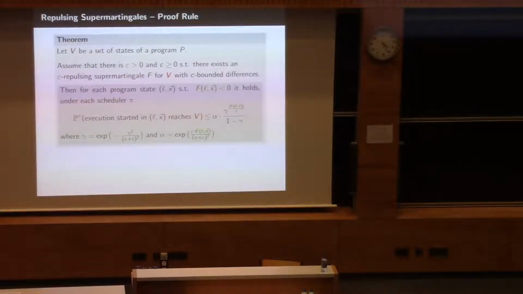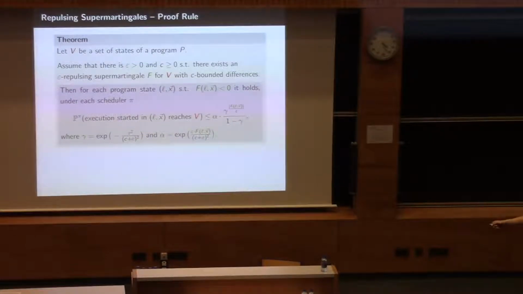Then the rule says that from each state in which the initial value of the supermartingale is negative, the probability of reaching this bad set V is bounded by a sort of complicated formula which involves these numbers epsilon, C, and the initial value of the supermartingale.